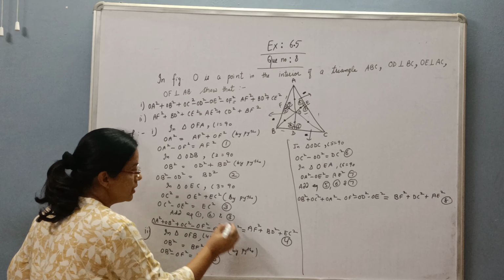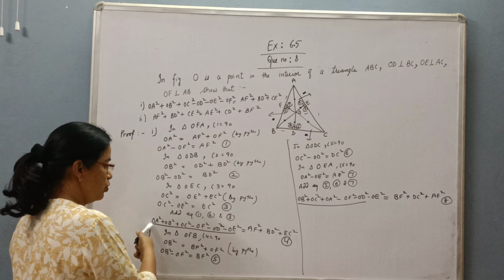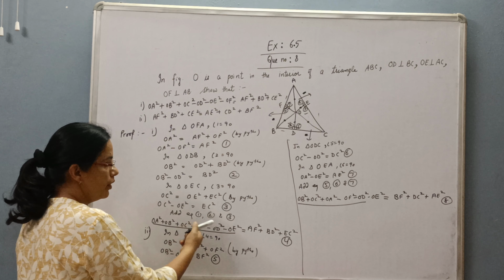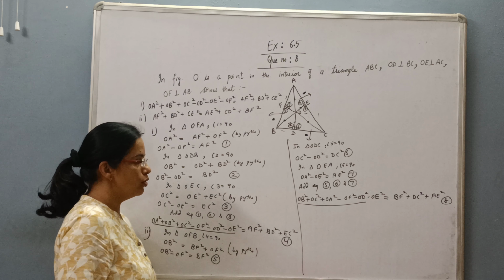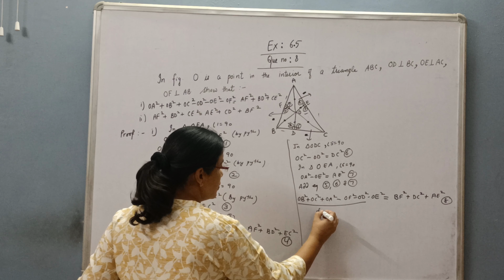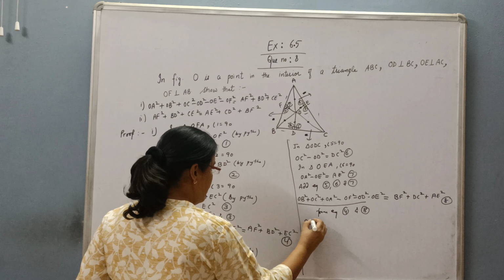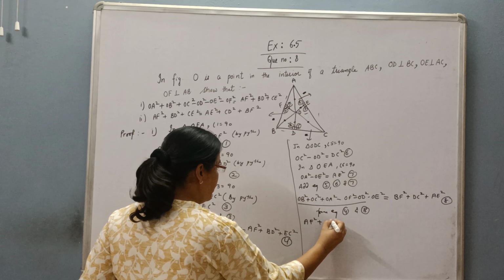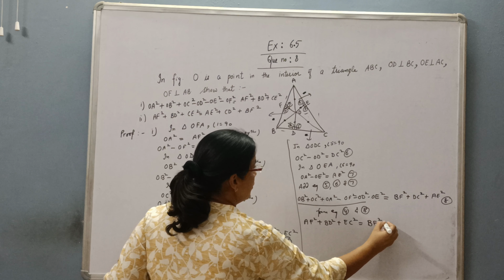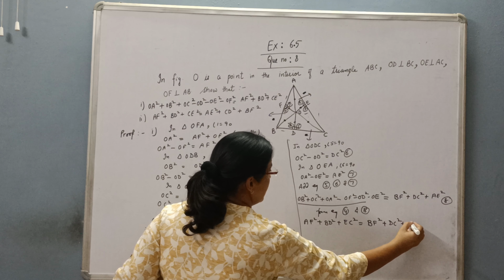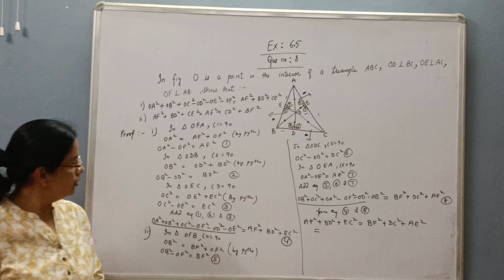The left hand side is equal to the left hand side: OB square plus OC square plus OA square minus OF square minus OD square minus OE square. So the left hand side is equal, so the right hand side is also equal. From equations 4 and 8, we can write AF square plus BD square plus EC square is equal to BF square plus DC square plus AE square. Okay, so this is part number 2.